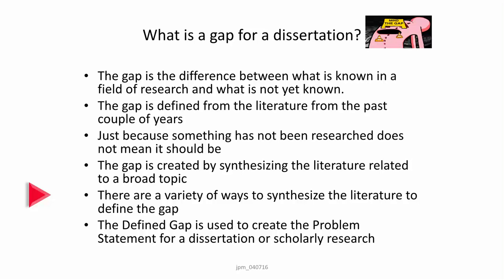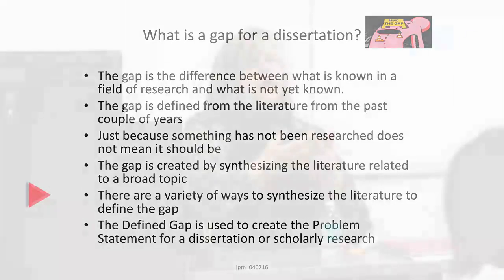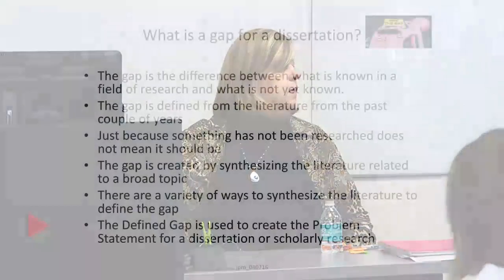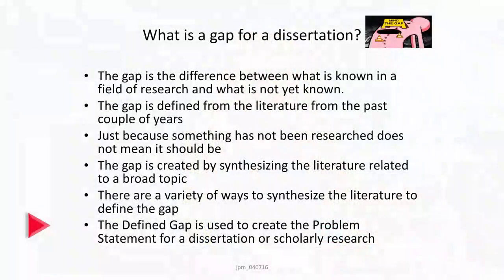You have to read the articles in that general area, and you have to synthesize that information, and we'll be talking about some different ways that you can synthesize that information to get to the gap that you want to take a look at. And although I may cover 5 of them from a model that I've recently created, I'm sure there are other ways that other people from journal articles have justified their study as well.